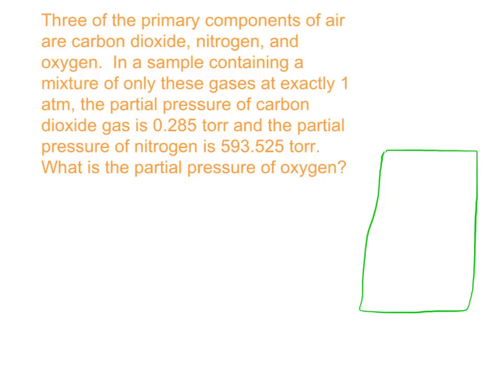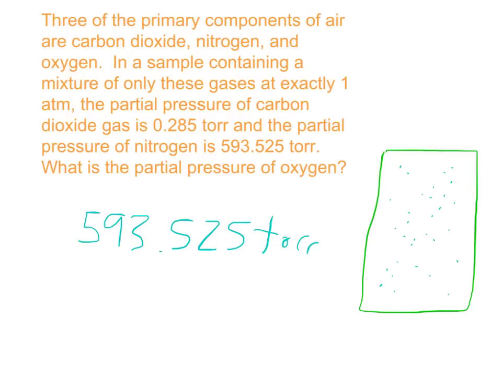So here's a container, and we will put all of these little blue dots in it. We'll say our nitrogen gas, and there's a lot of nitrogen gas because the pressure for nitrogen gas is 593.525 torr. So they're going to be hitting the walls much more often than the carbon dioxide gas.